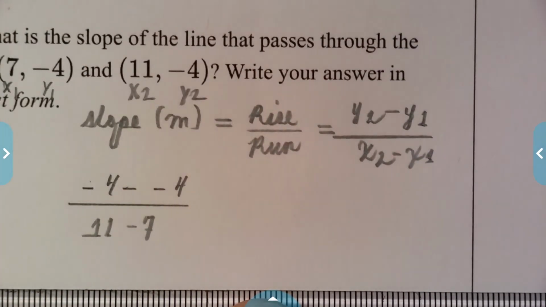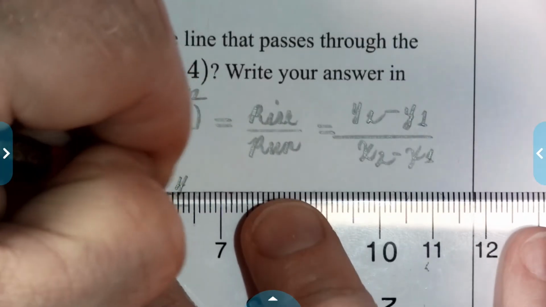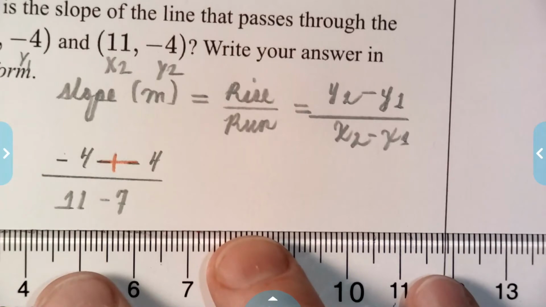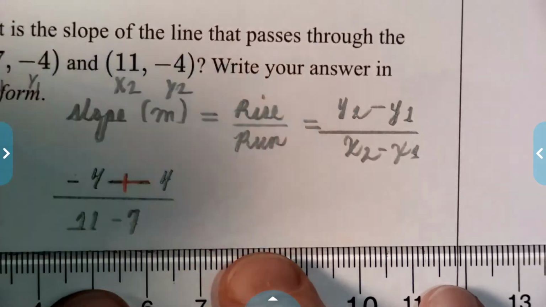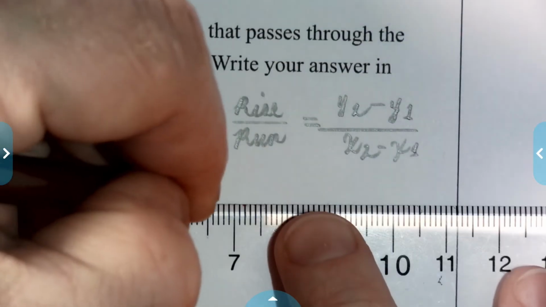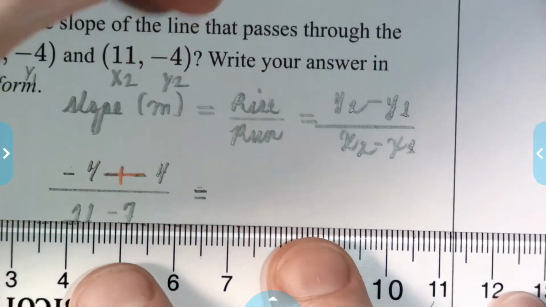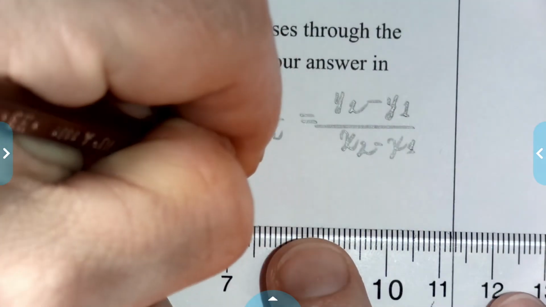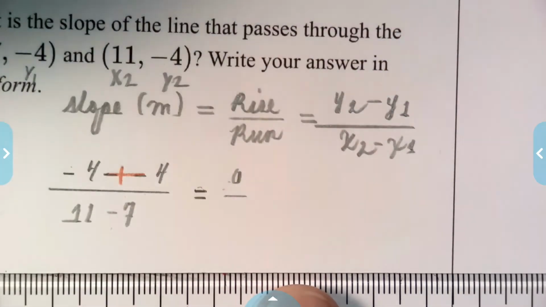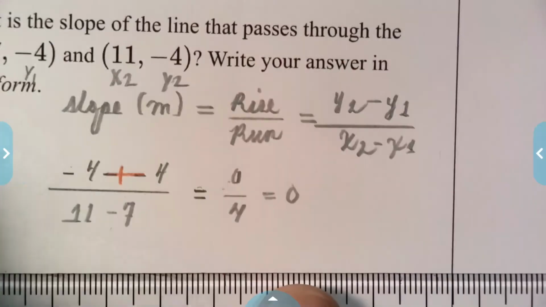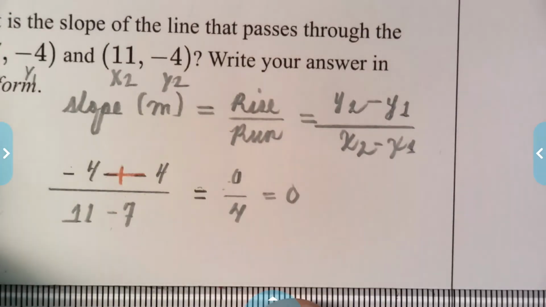Okay, so this double negative becomes a positive. So it's negative 4 plus 4 is 0. And so we end up with 0. And then 11 minus 7 is 4. And 0 over 4 equals 0. So the slope is 0.